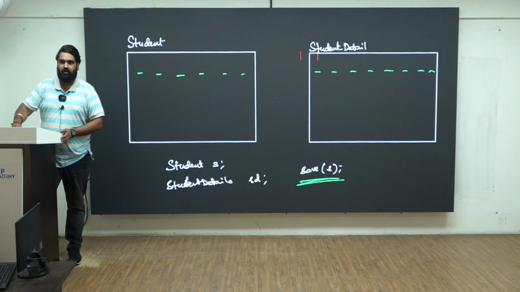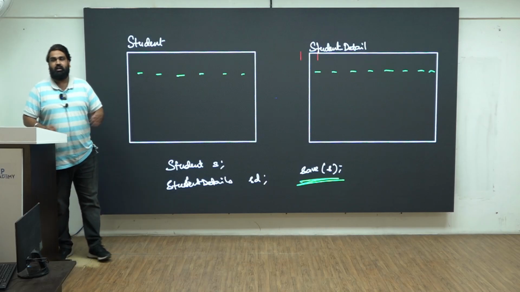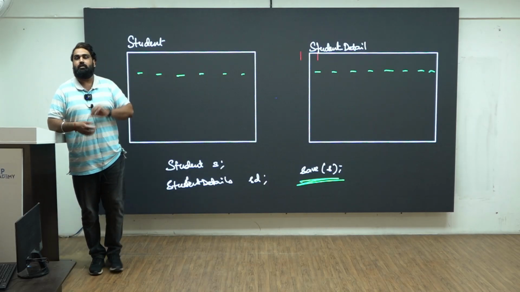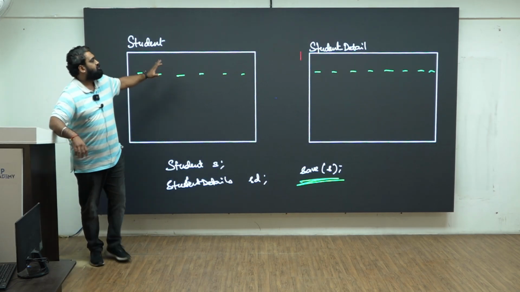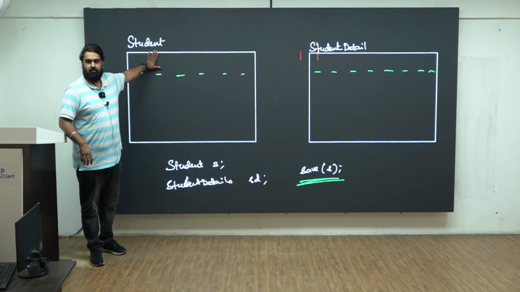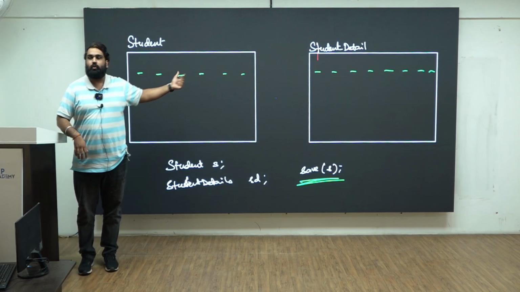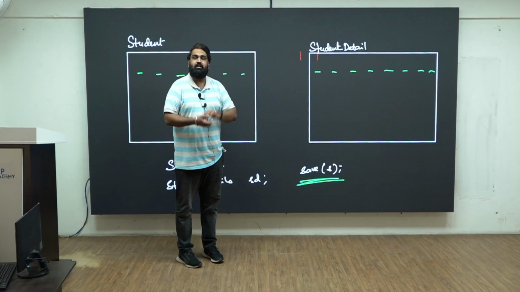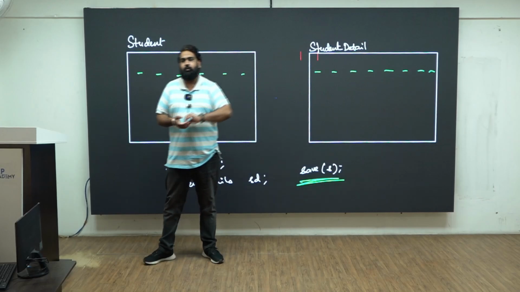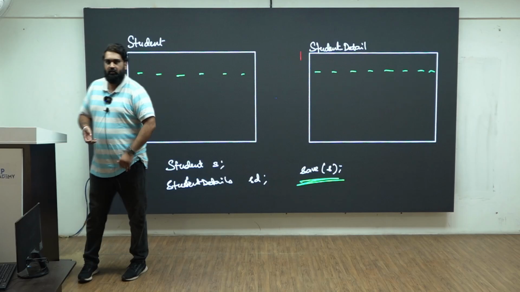In the same way, when I tried to fetch data, I showed it to you yesterday. When I fetch the student data, I am able to get the student information and also the student detail information. Both table information I was able to get. Why?